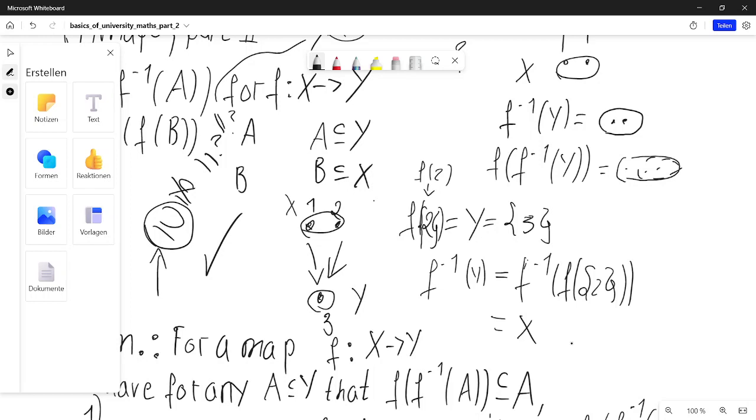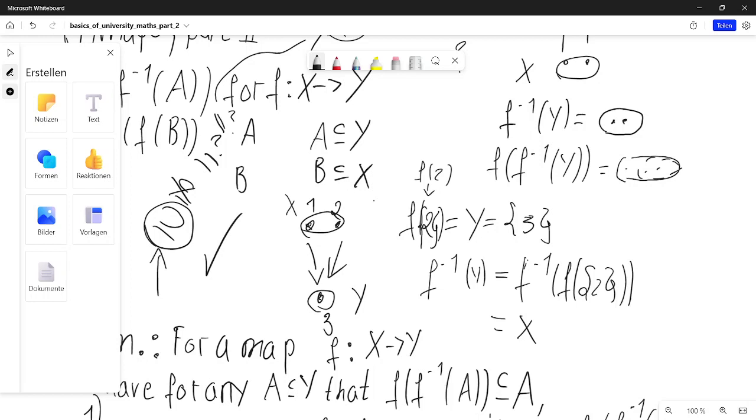Okay, so it kind of seems that the problem was that multiple elements could be mapped to the same element, because this is what ruined it. If there was no such one, then it would be just mapping forth and back.